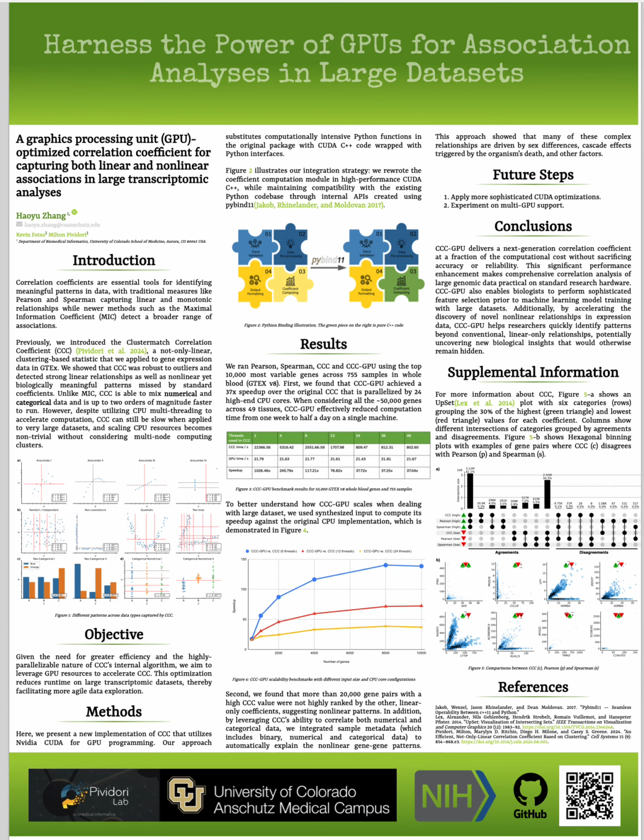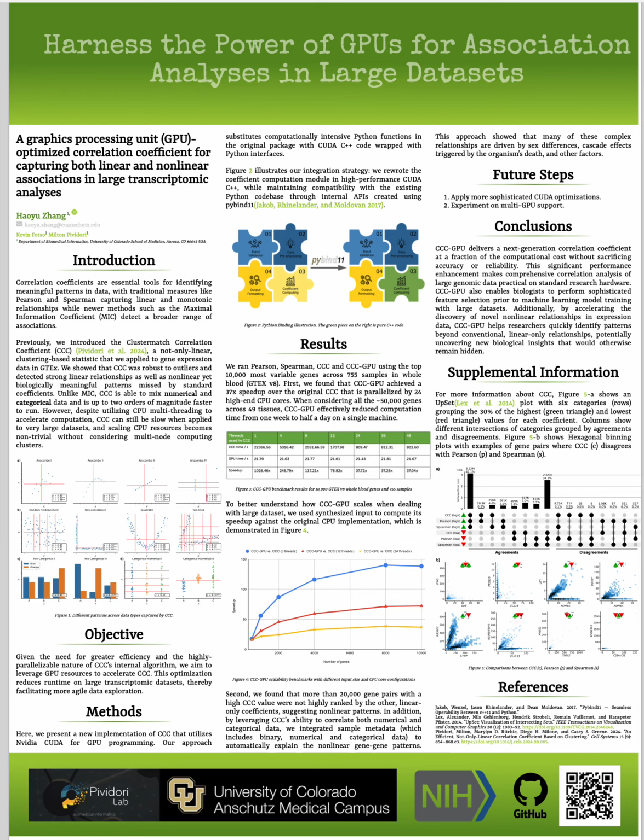And if we decide to run this whole algorithm for all the 50K genes across 49 GTEx tissues, CCC GPU can effectively reduce the computing time from 1 week to half a day on a single machine. So that is great.